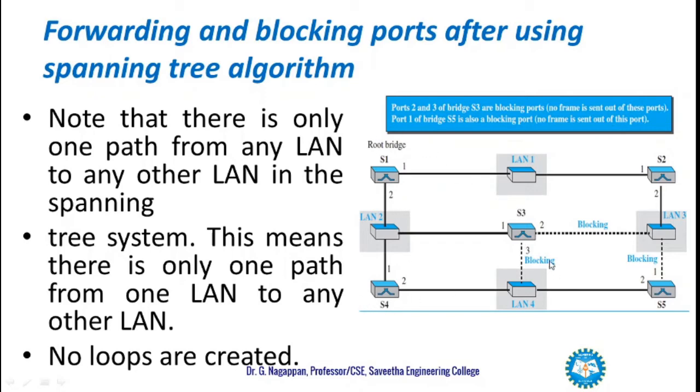So this is bridge S3. Ports 2 and 3 are blocking ports. No frame is sent out of these ports. Port 1 of bridge S5 is also a blocking type.